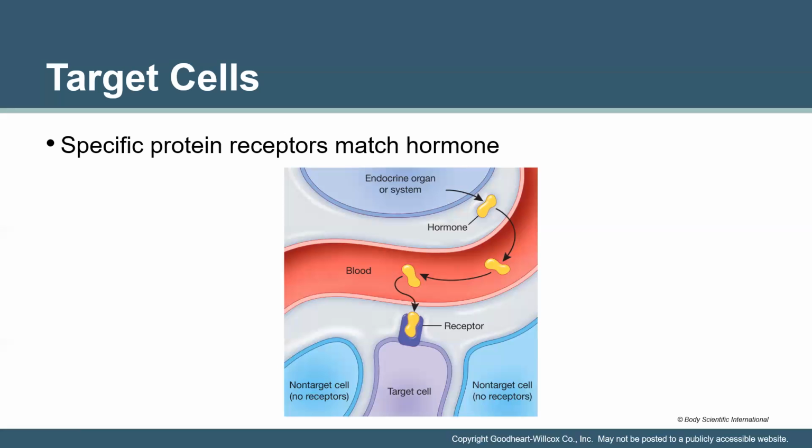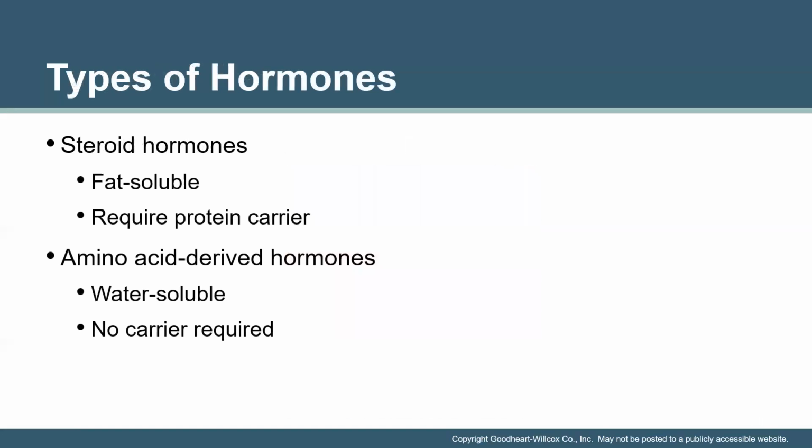So fat-soluble lipid hormones are called steroid hormones. When we talk about something that is fat-soluble, it has to be dissolved by or in the presence of a fat in order for it to be dissolved. Water-soluble hormones are composed of protein or protein-related substances, and these are called amino acid-derived hormones.